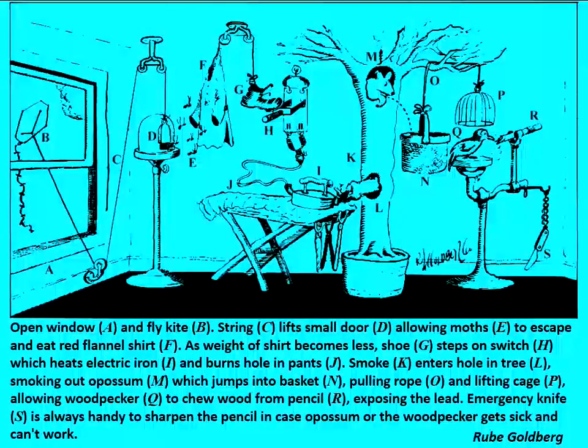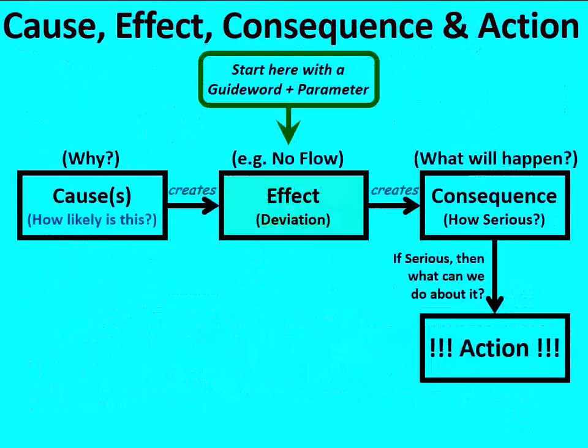So we'll start in the middle with the guide word and the parameter. One of the ones we'll use a lot is no flow, so it's there in the slides. And this is the effect, the deviation we're going to apply to a plant. We're going to say there's no flow. Once you've done that, you then have to go back and say why. Is it possible to have no flow? Because sometimes it's not.